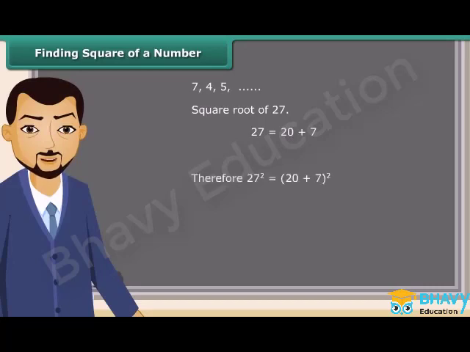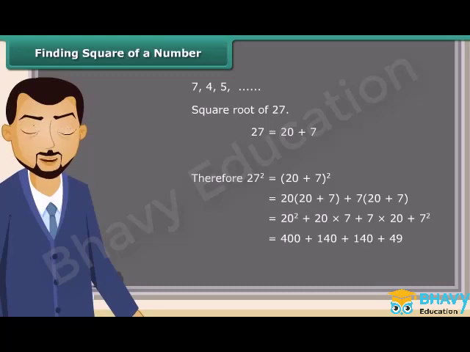Therefore, a square of 27 is equal to (20 + 7)² is equal to 20 into 20 plus 7 plus 7 into 20 plus 7, which is equal to 20² plus 20 into 7 plus 7 into 20 plus 7², which is equal to 400 plus 140 plus 140 plus 49, which is equal to 729.